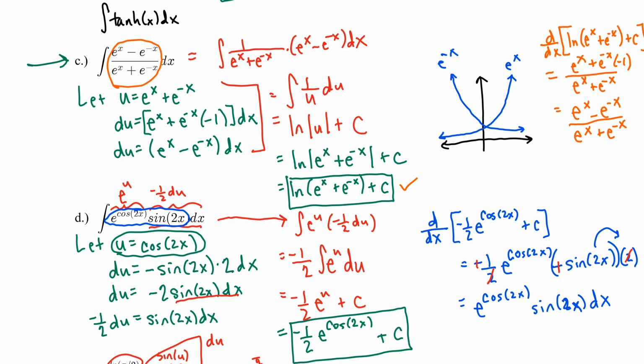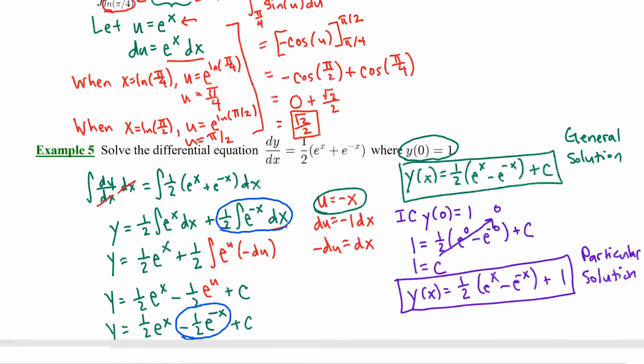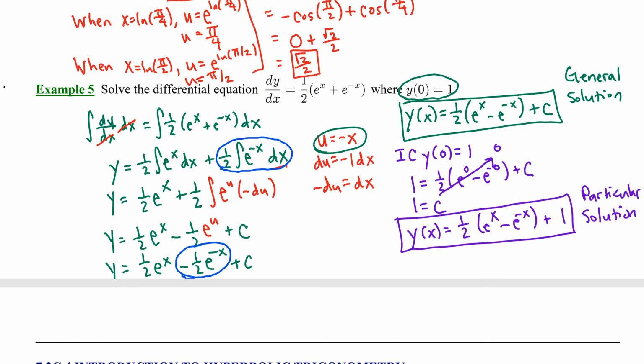And just like the integral of ordinary tangent of x involves natural log of the absolute value of secant, we have a form of that here in our answer as well. So if you look at example 5, the differential equation that we solved, notice our derivative here. Our derivative is the natural exponential form of hyperbolic cosine of x. And notice what we have in our result.